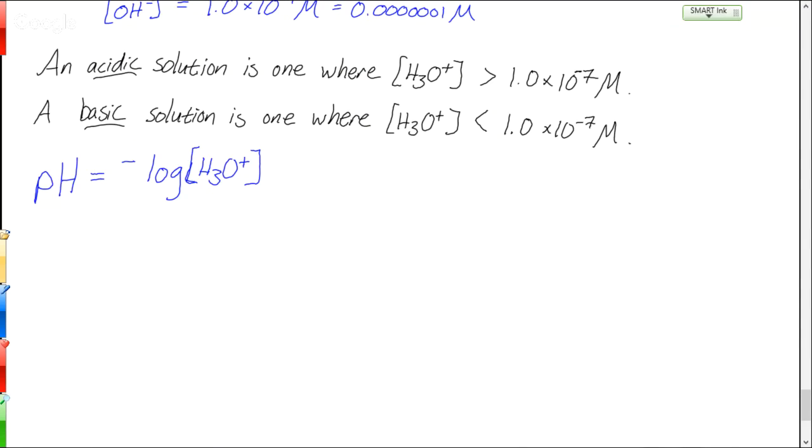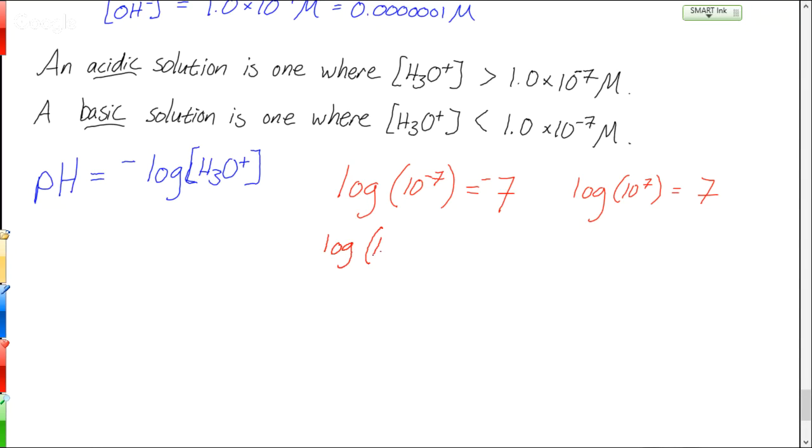So to show you what that looks like, if we take the log of 10 to the minus 7, we get minus 7. If we take the log of 10 to the 7, we get 7. And that's the same with the numbers as we wrote it up there as well.